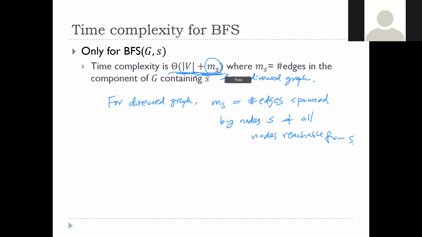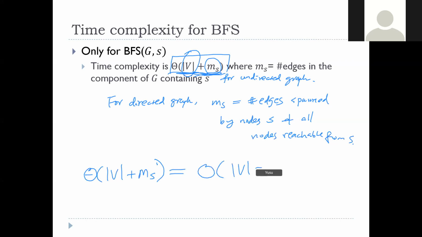If that connected component is small, you don't need to visit the nodes outside of it. The V comes from the fact that at the beginning you have to set a status for every node, which already takes time V. Nevertheless, it's easy to see that this is clearly bounded by the time complexity of the full BFS, because MS is smaller than E.